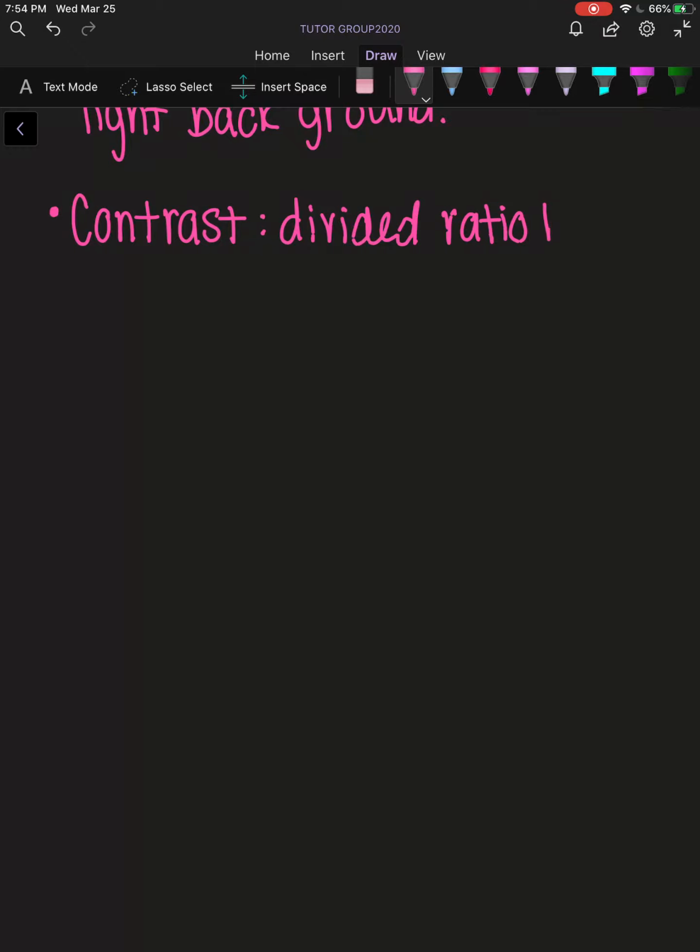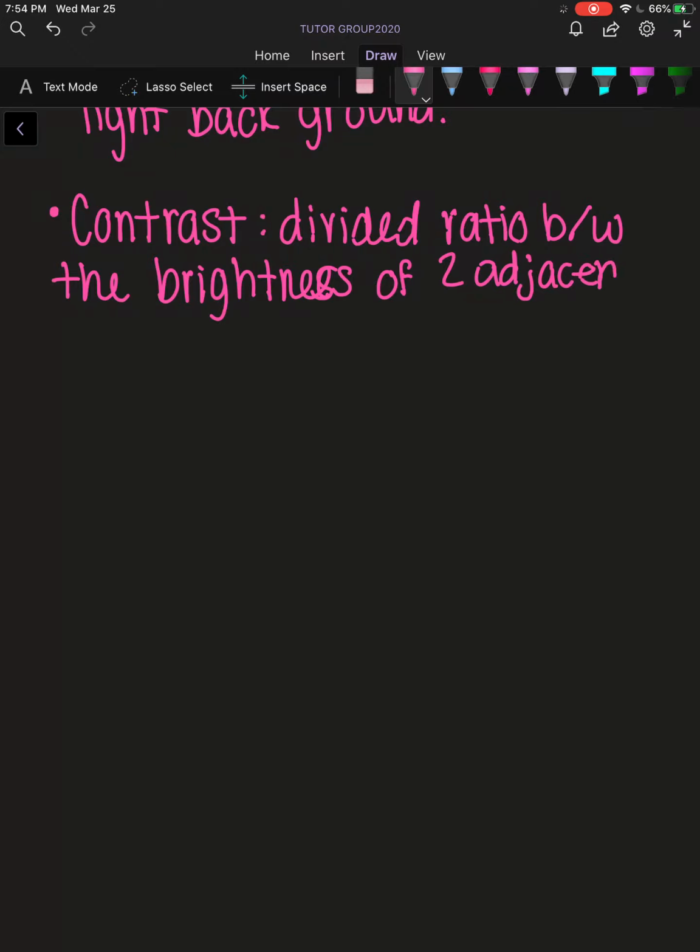Moving on. Now we're going to contrast. Contrast is the divided ratio between the brightness of two adjacent details.